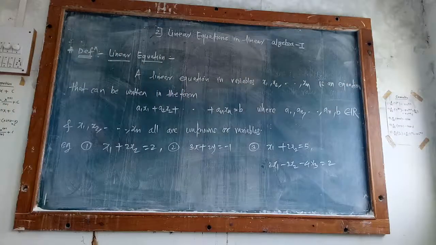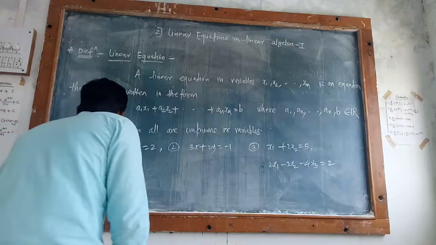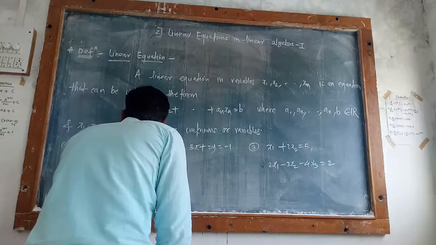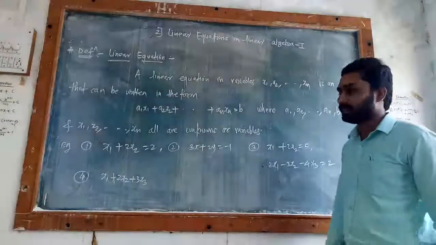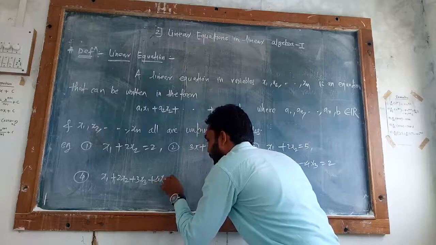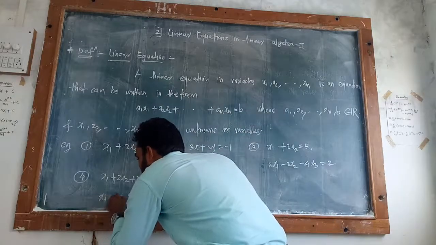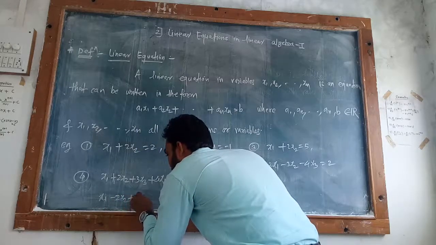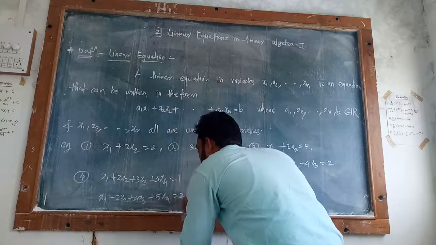Take one more example: x1 plus 2x2 plus 3x3 plus 4x4 equal to 1, and second equation, x1 minus 2x2 plus 4x3 plus 5x4 equal to 2.